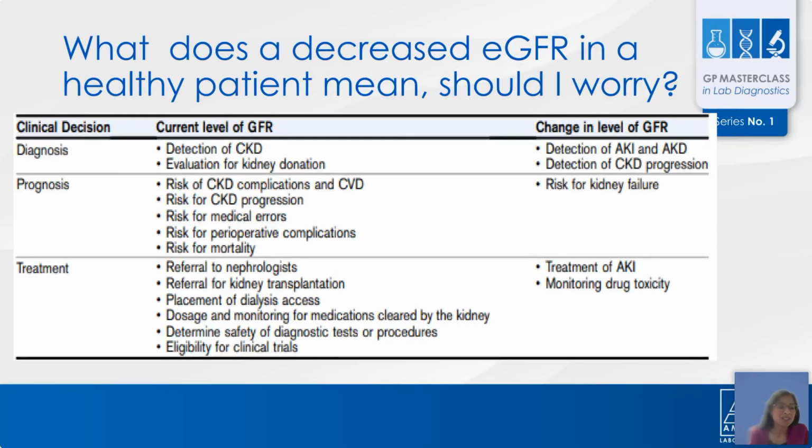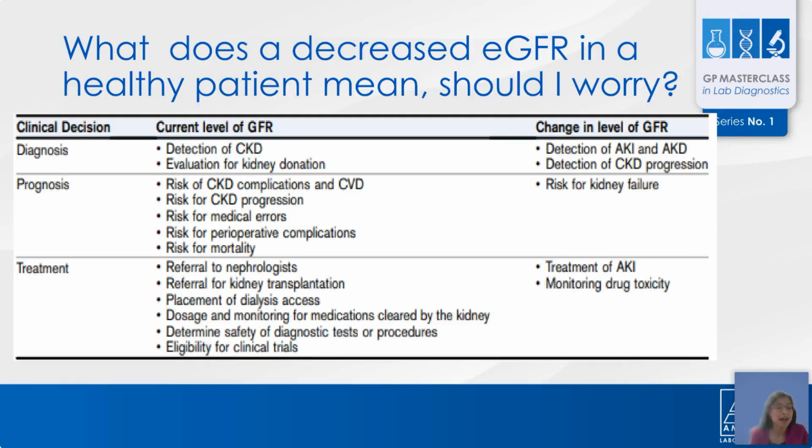So, what is this eGFR used for? Estimated glomerular filtration rate is widely used for detection, diagnosis, prognosis, and management of patients with kidney diseases. GFR thresholds are a major underpinning of many clinical decisions in medicine.